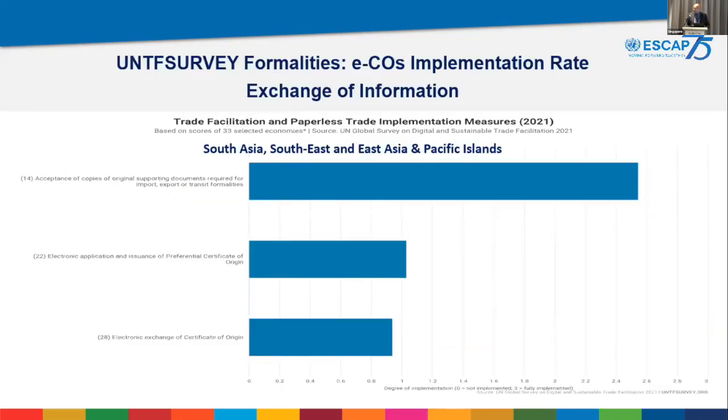I would like to mention some information from the Global UN Trade Facilitation Survey, from the section on formalities. In the 2021 survey, focusing on the sub-regions of South Asia, Southeast Asia and the Pacific Islands, we identified that these three regions together have 33 economies.